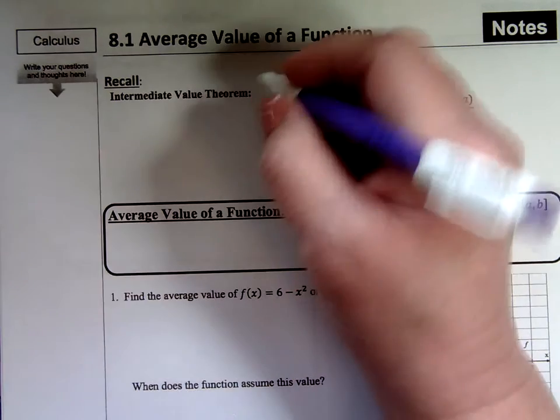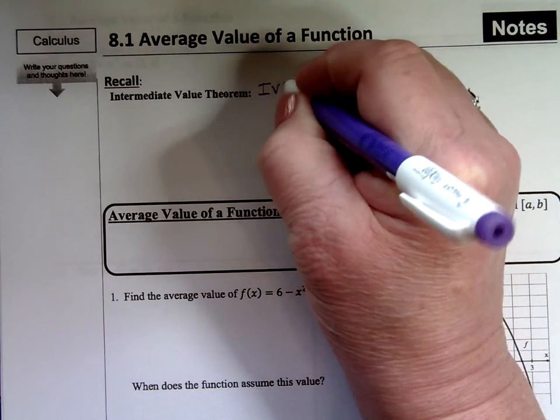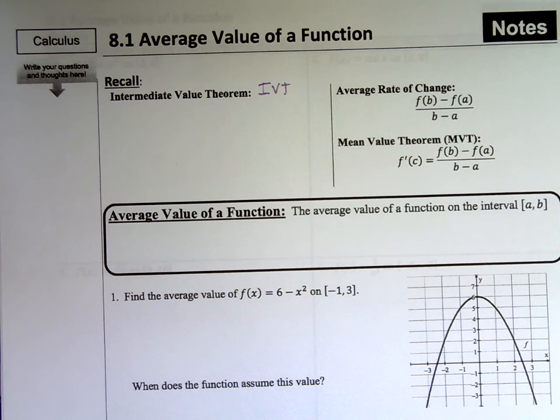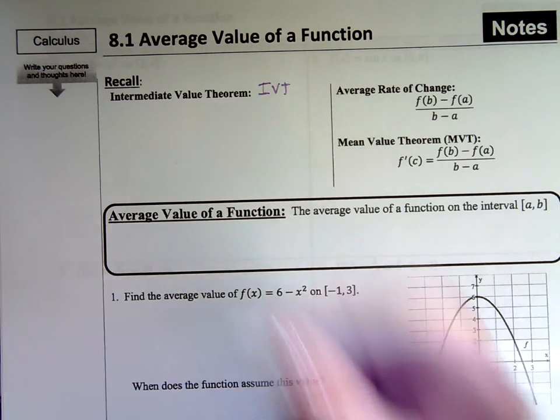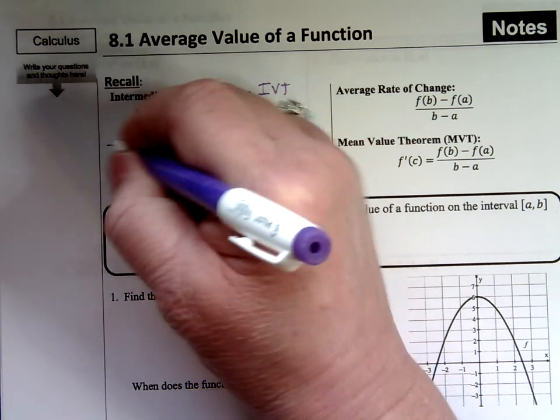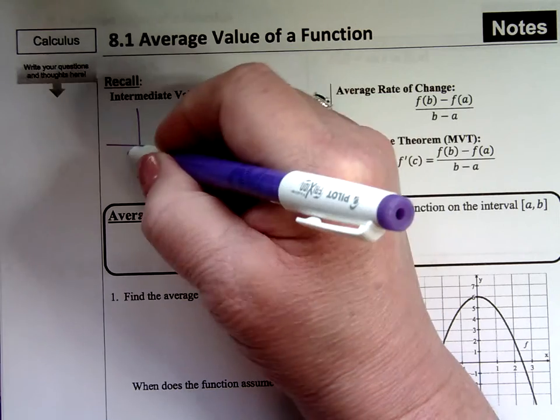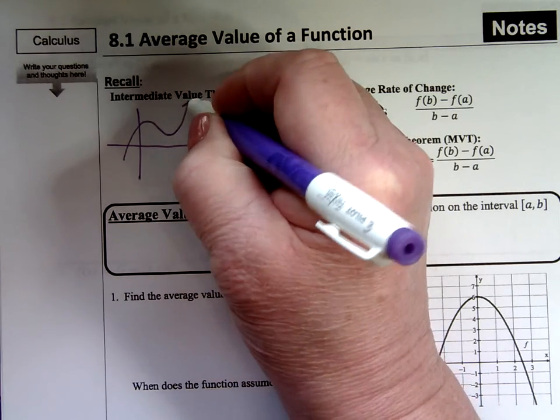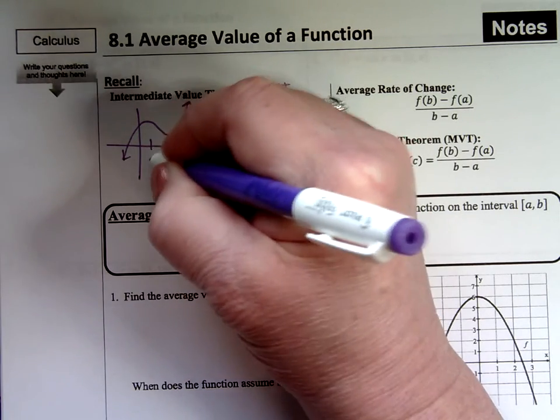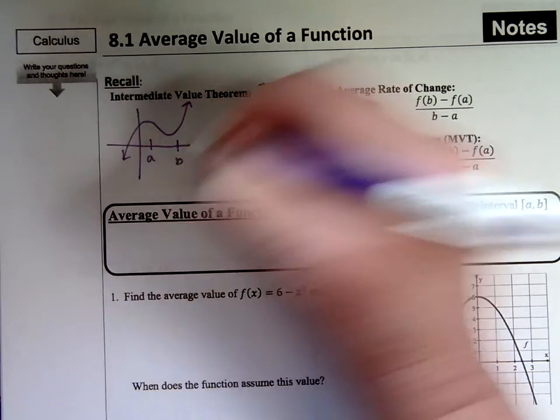The intermediate value theorem, we abbreviate that IVT. The IVT says that you have to have a continuous function. So I'm just going to draw some kind of a function. Doesn't matter what it is. And I have a point A here and a point B here.